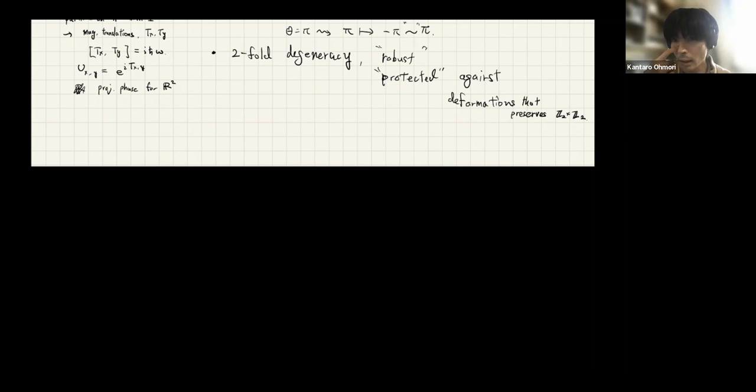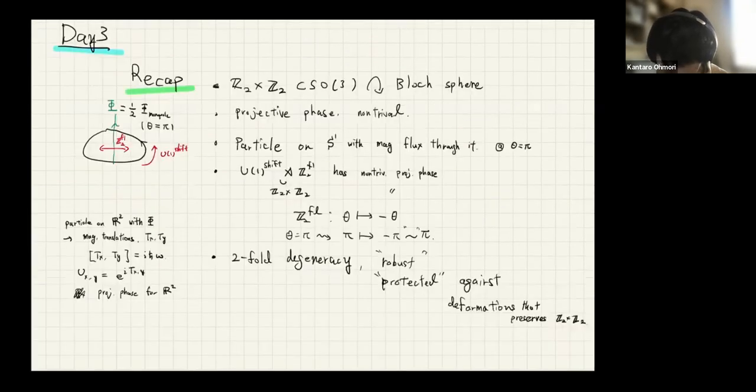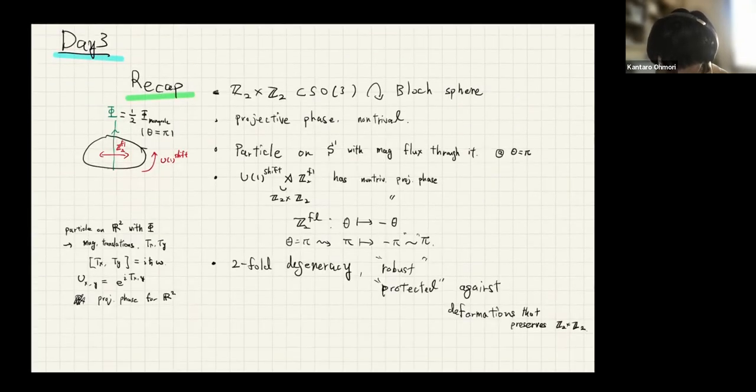And for the answer to your question today, what is the topology? In this case, the Bloch sphere has some topology. If you think about projective space, it involves topology. That's one source of the topology.